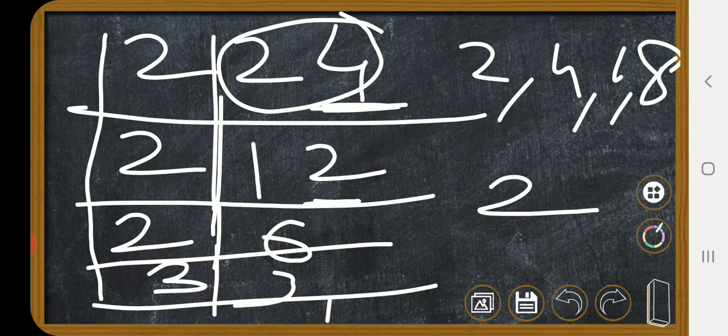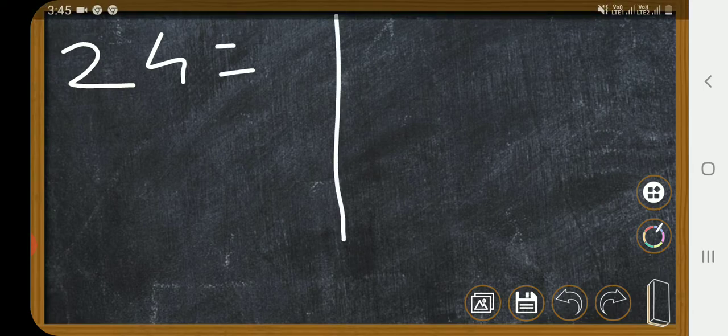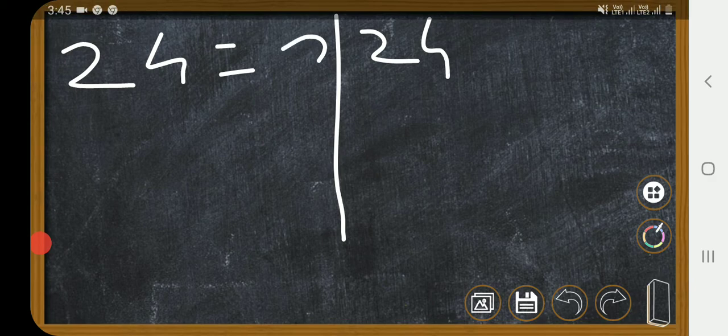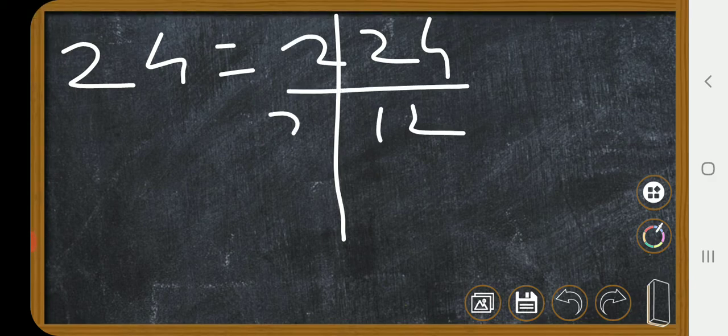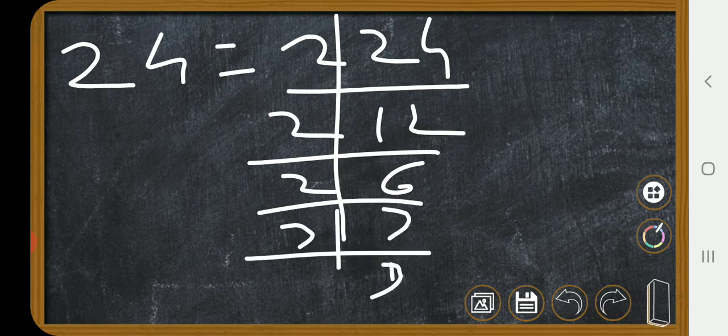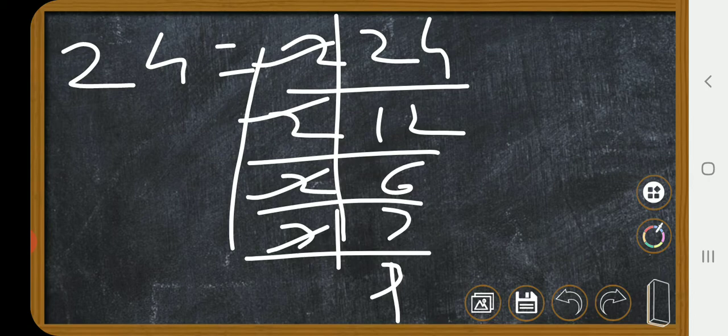I'll write it properly: 24, 2, 12, 2 sixes are 12, 2 threes are 6, and 3, 3 ones are 3. These are the prime factors of 24.